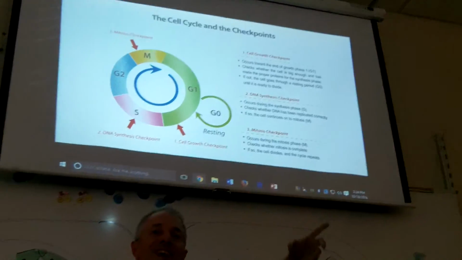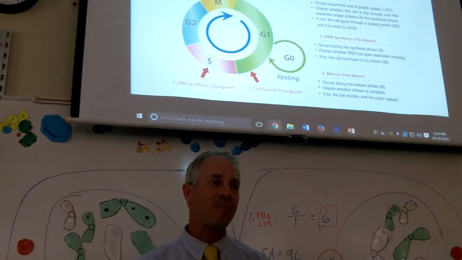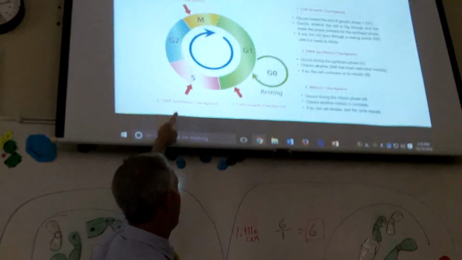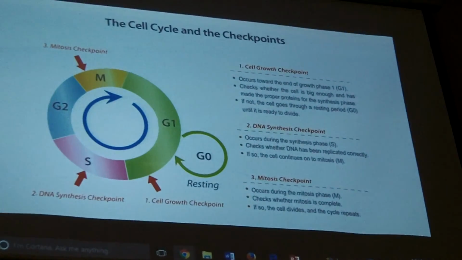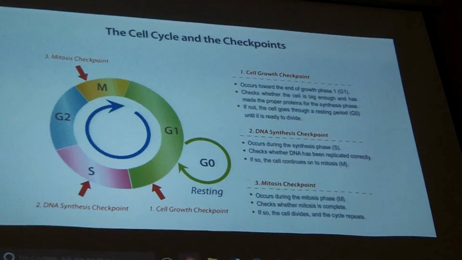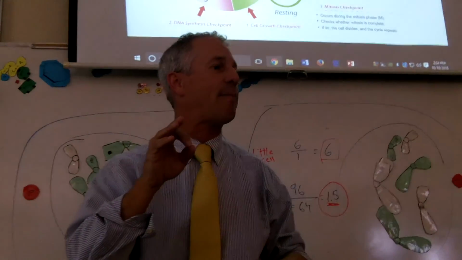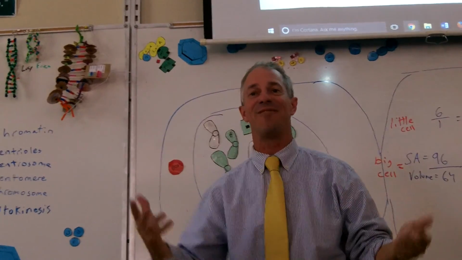There's places in the cycle where the cell can check itself and make sure everything's okay. And if the cell sees that things aren't right at these checkpoints, the cell can stop the multiplication. And can say, hey, something's wrong, and can actually make the cell kill itself. Cell suicide happens. It's called apoptosis, and the cell can kill itself if something's wrong.